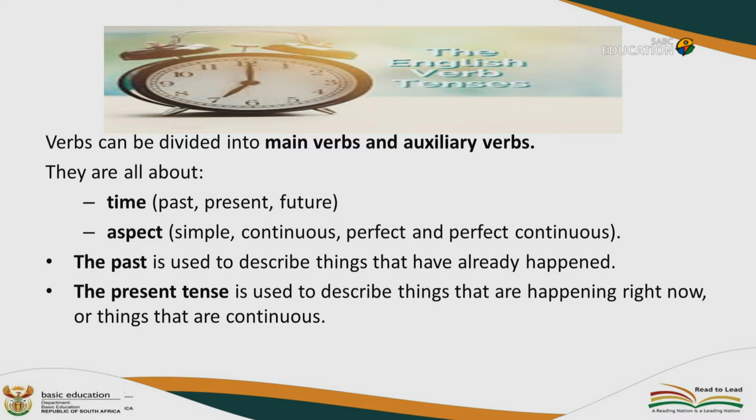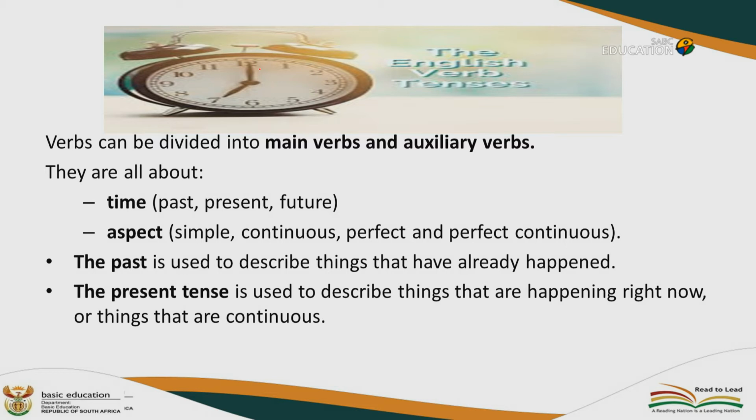We need to know when something is happening. We also need to know aspect, how the reader or the person who's doing the action is perceiving that action to be taking place. So it may be continuous, it may be perfect, it may be simple.